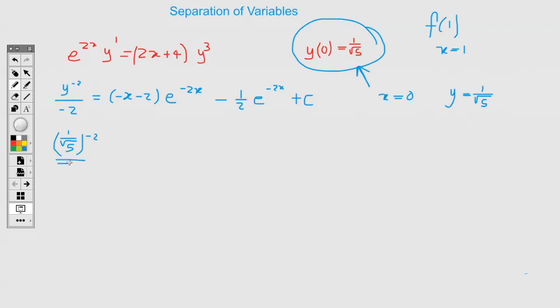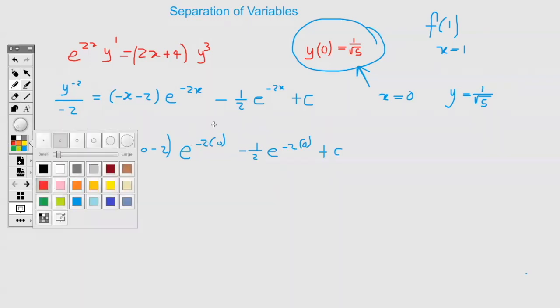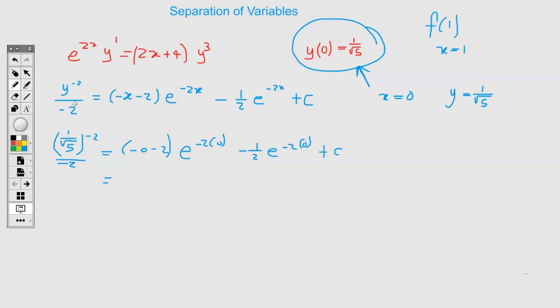minus 2 over minus 2 is equal to, now x is 0, so I'll have minus 0 minus 2. Then I'll have e to the minus 2 times 0 minus a half e to the minus 2 times 0 plus c. Now let me work this side first. We know that this will be minus 2, but minus 2 times 0 here, by right, this will be 0.